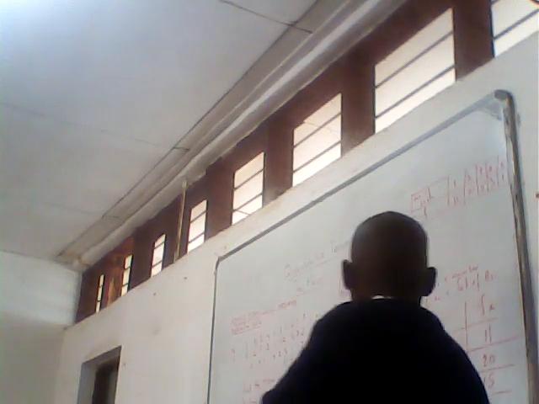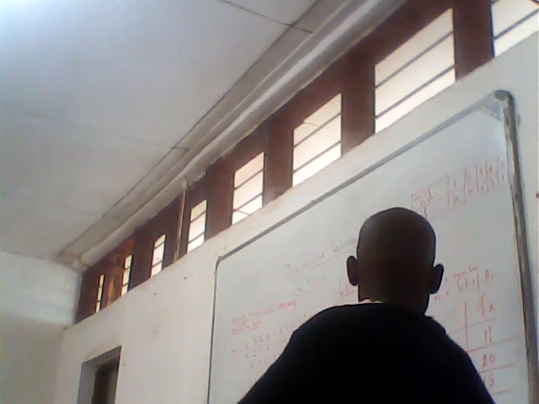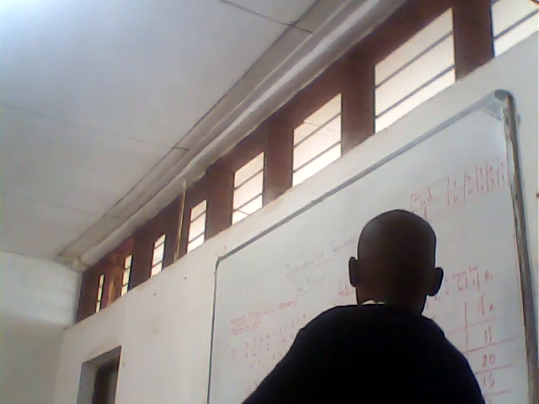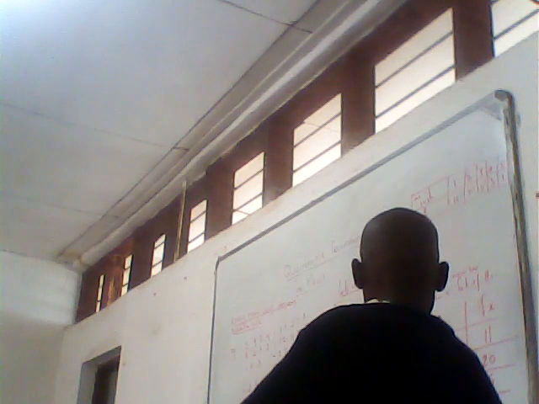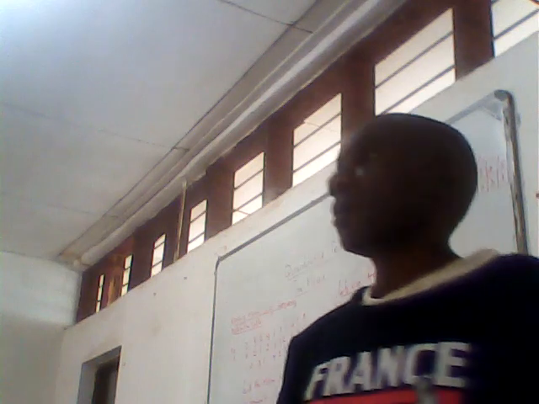The summation of fx is 63, divided by the sum of f, which is 30. And this gives you, again, 2.1.